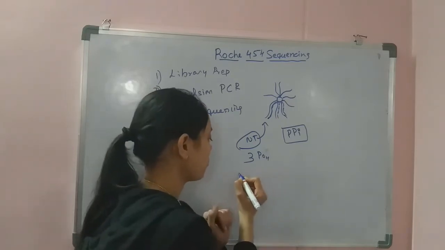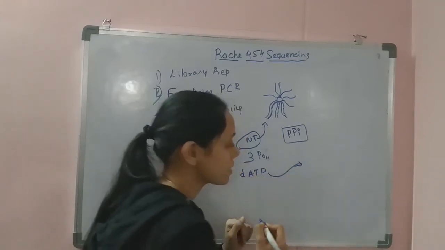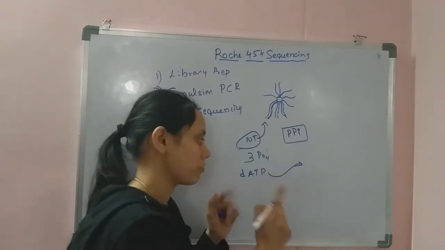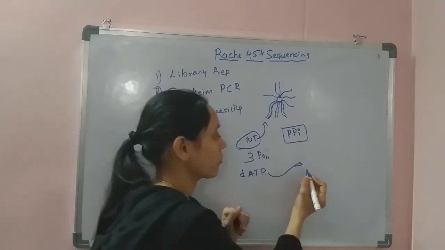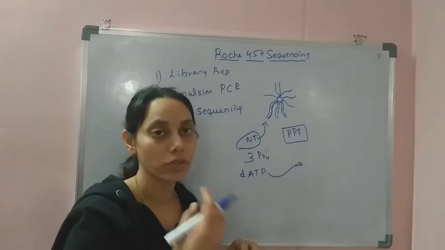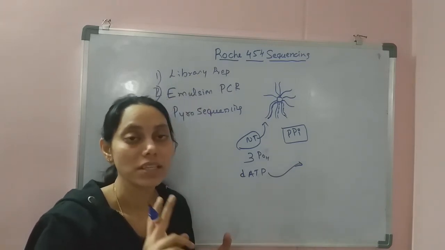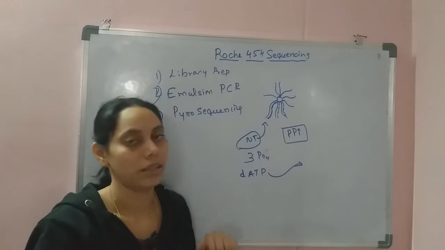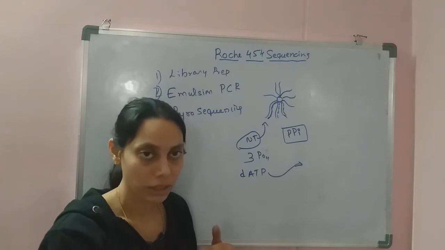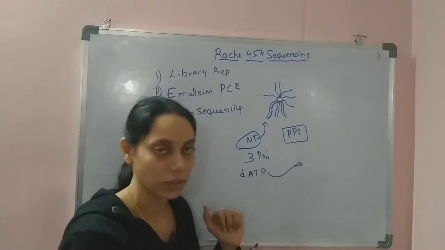That means one type of nucleotide, say for example dATP, will be added to the synthesis during the PCR amplification first. Then we will monitor whether it is producing a signal or not. If it is producing a signal, that means at the first nucleotide position a dATP has been added to the sequence. If there is no signal, we can consider there is no dATP in that first nucleotide position.